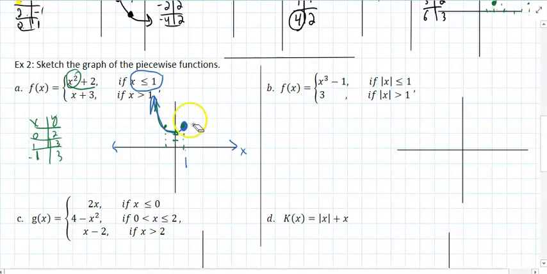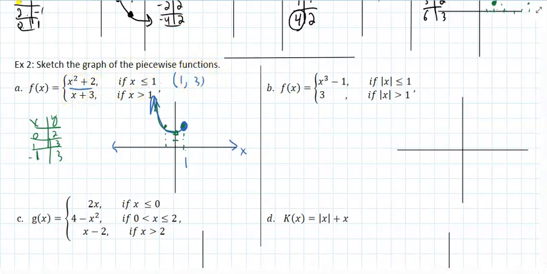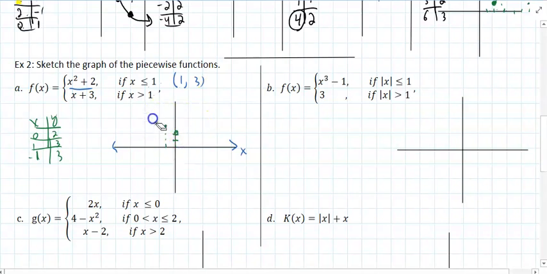Or, you could say, well, let me figure out what this point is. If x equal 1, I have 1 in there. 1 plus 2 is 3. And you could start this way. Of course, first you need to recognize how the graph looks like.